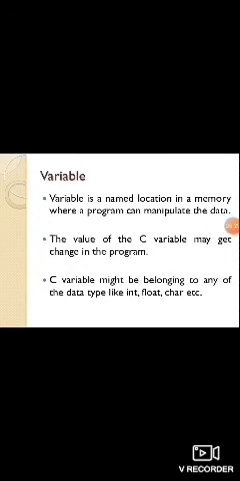Now variable. A variable is a named location in memory where a program can manipulate data. A variable is nothing but a name given to a storage area that programs can manipulate. When we want to store any information on a computer or laptop, we store it in the computer's memory space.